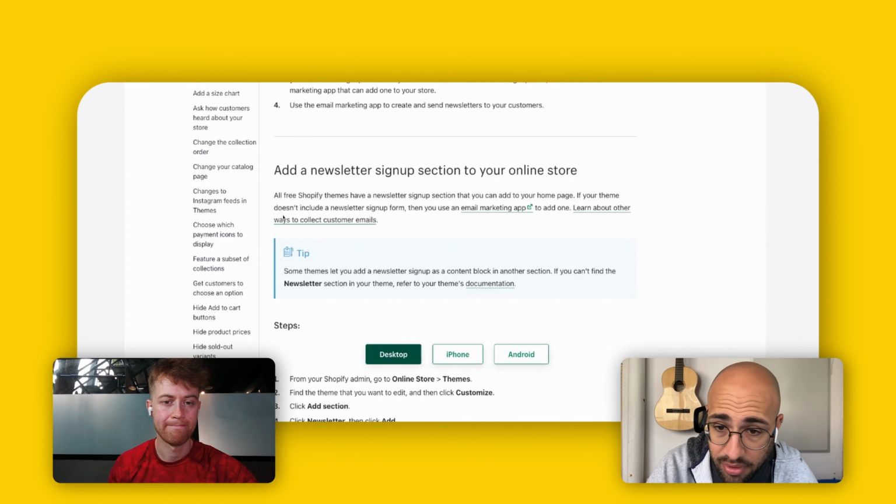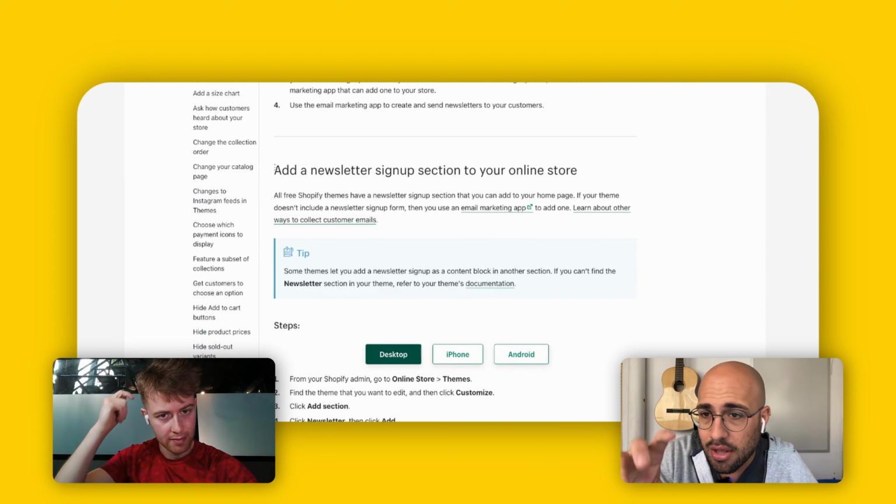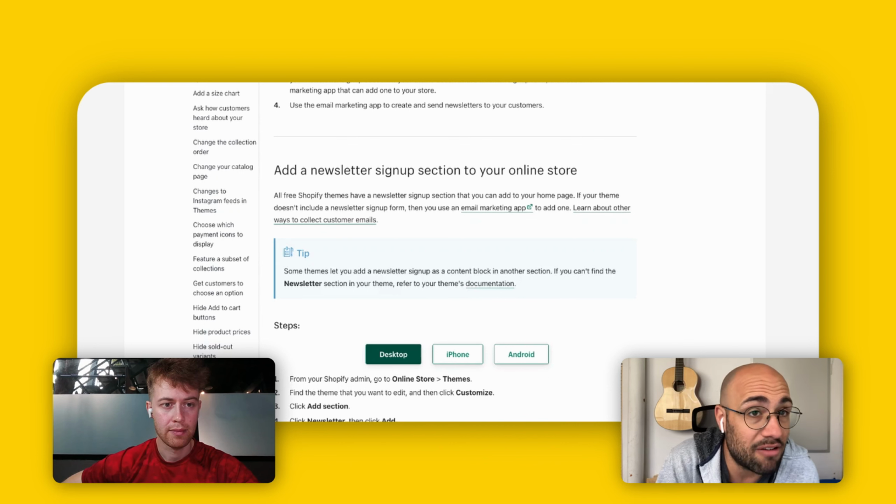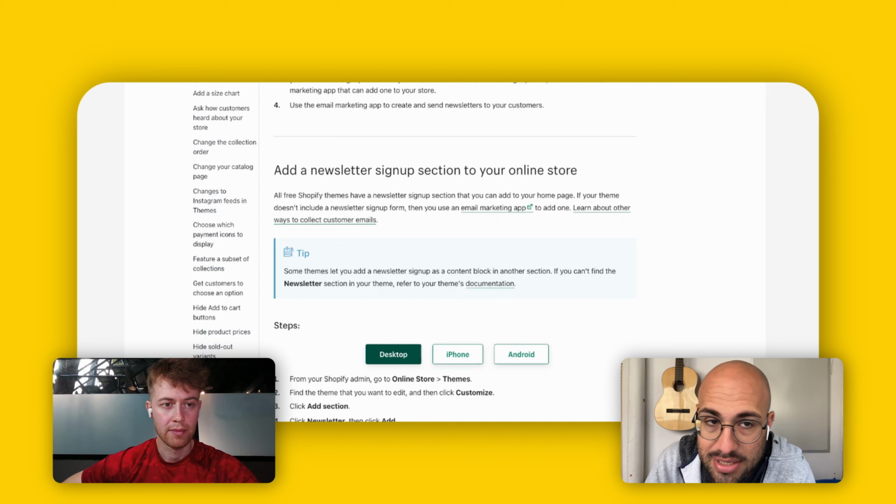A lot of websites and platforms, for example Shopify, I'll share a link now, have this kind of newsletter sign-up thing where you would basically have a pre-built newsletter sign-up section on your online store. These are eventually HTML components that look kind of the same across every theme, everything you do inside your website.